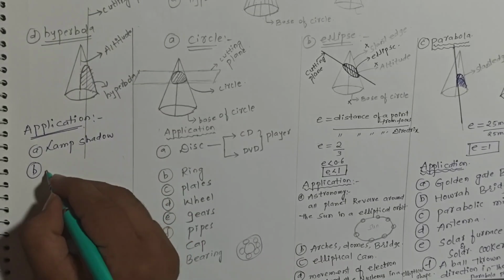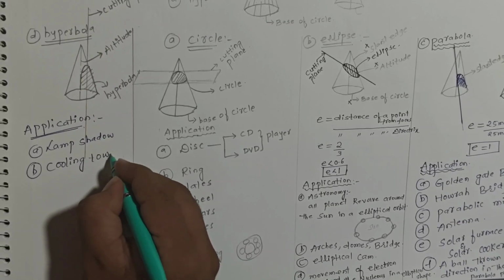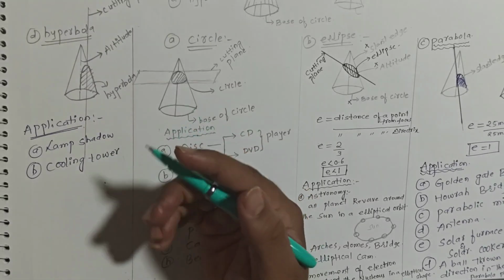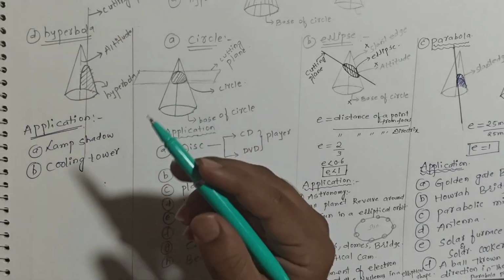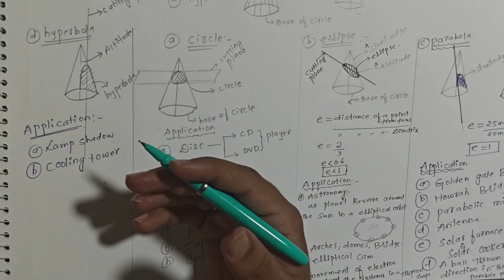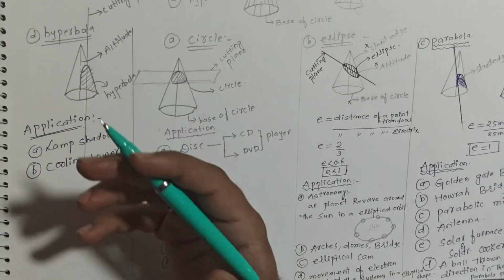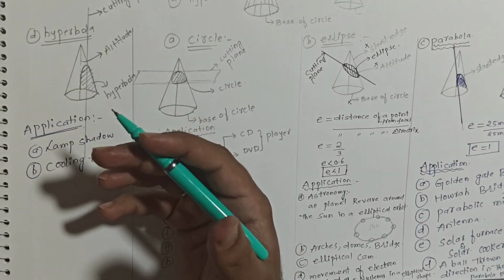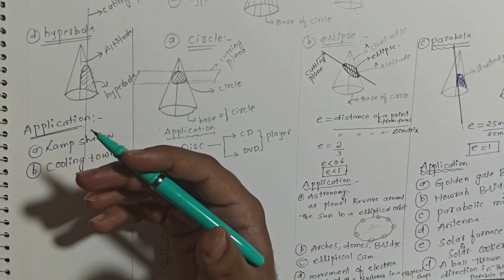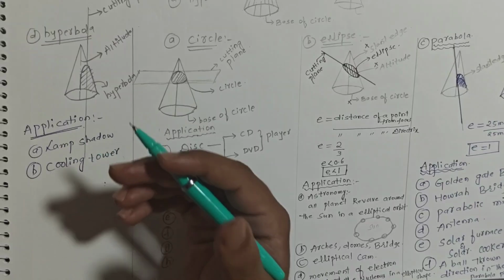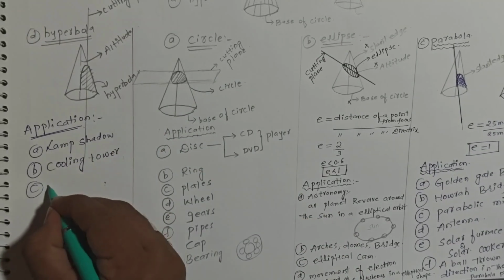And the second thing is the cooling tower. The shape of the cooling tower in a power plant is a hyperbola, because this shape provides high strength and high stability with less construction material required for making the cooling tower. For that purpose, we give more priority to the hyperbola. And the third one is the navigation system.